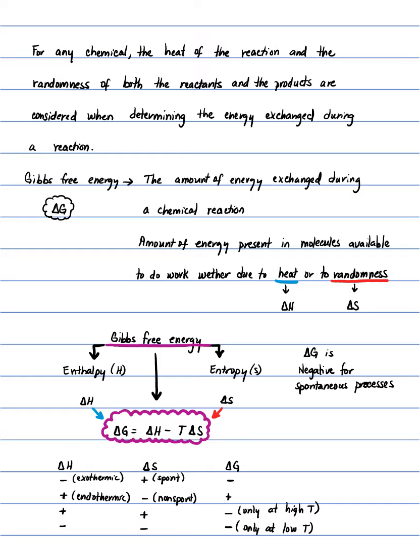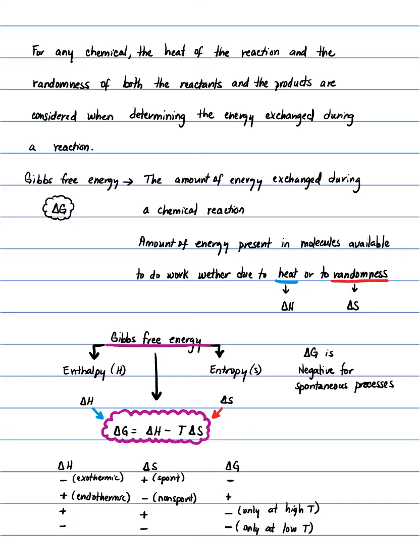So amount of energy is being released because it's not being used to organize things. So you have an amount of energy from your enthalpy because that process is exothermic and it's releasing energy, and then you have an amount of energy due to the randomness. It's becoming less organized, so you have energy there.